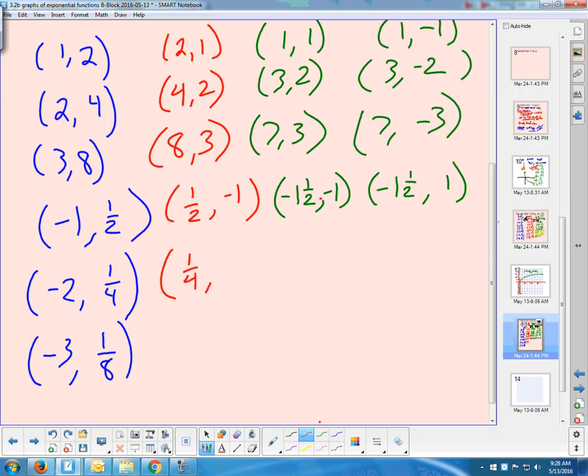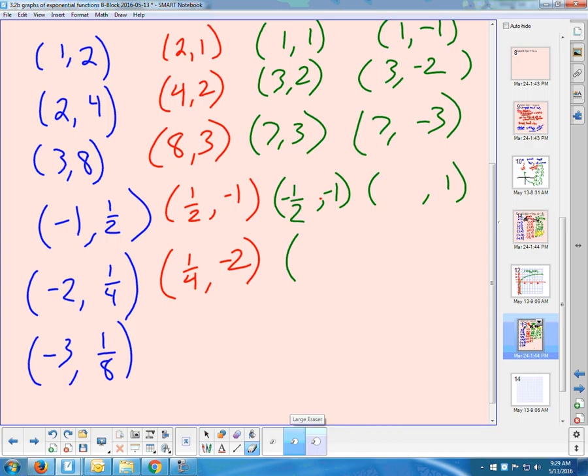(-2, 1/4) becomes (1/4, -2), becomes (-1 1/4...). Ooh, I am not correct on those points. Sorry, I've got to go back. 1/2 minus 1 is negative 1/2, not negative 1 1/2. So these should be negative halves. I apologize.